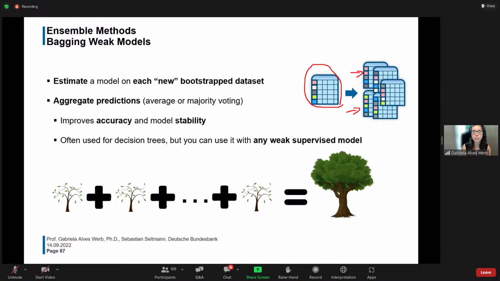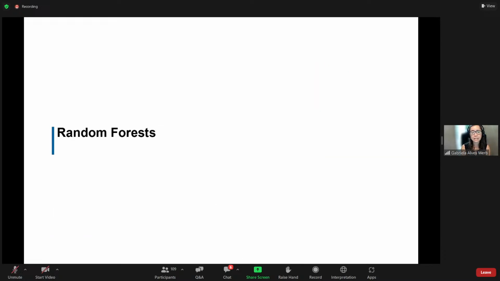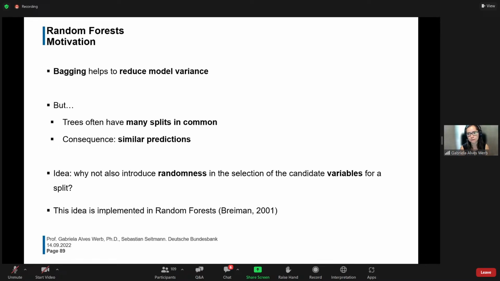So the next question is, how can we improve on that, right? Besides adding some randomness in the rows of the data set, by not giving the different models the same data, what can we do on top of that to try to improve this? This boils down to what the problem was that our bagged trees had in the first place.